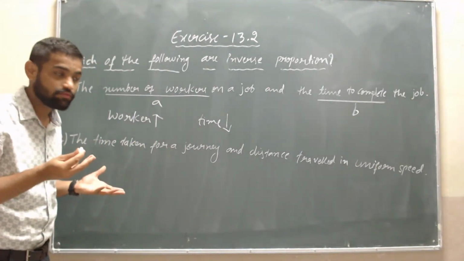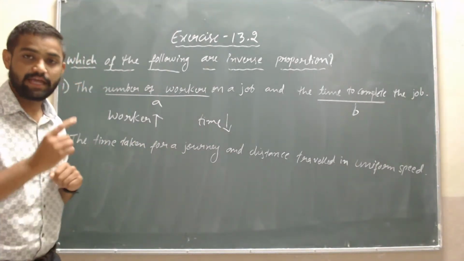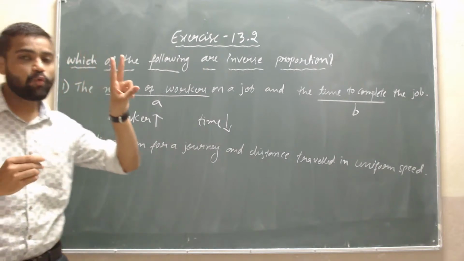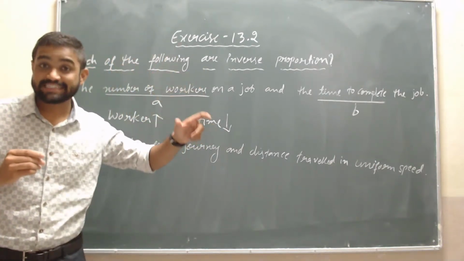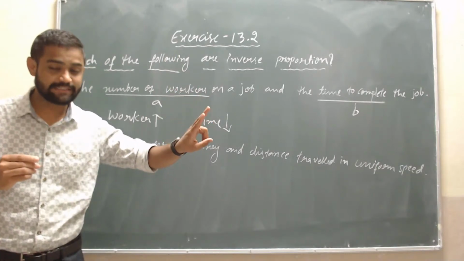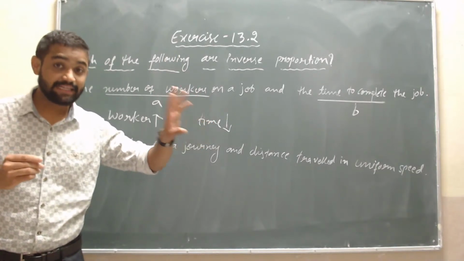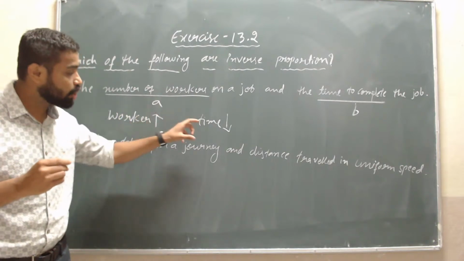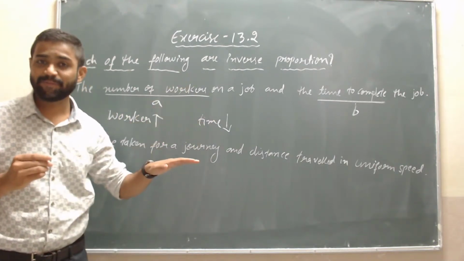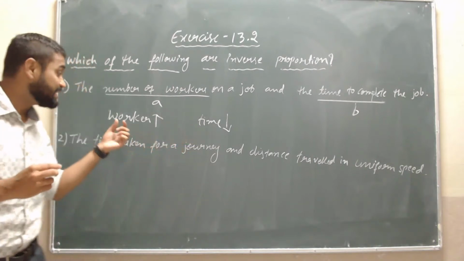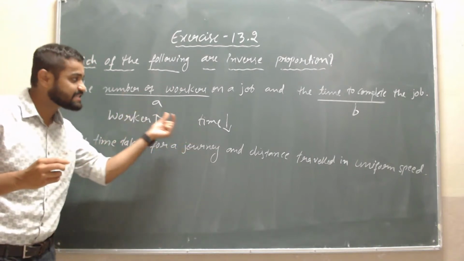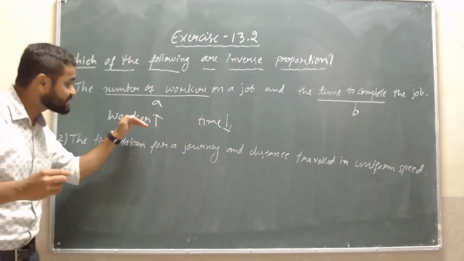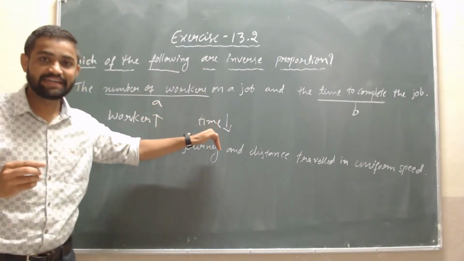Sir, how do we know that? I will give you one example. If two workers complete constructing a wall in 2 days, then 4 workers will complete the job in less than 2 days, isn't it? Like that, as the workers increase, the time decreases.